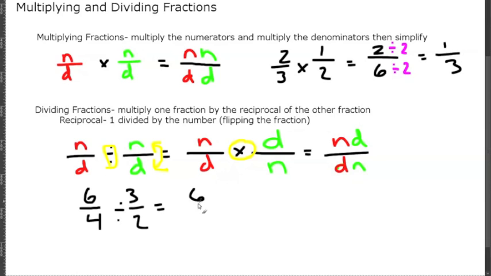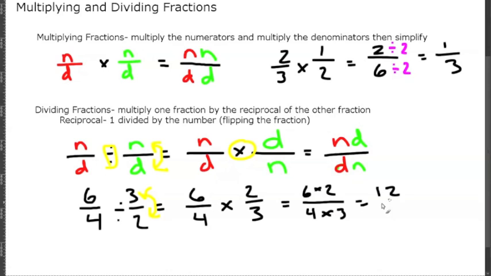We're going to take the 6 over 4 and multiply it by flipping the second one, 2 over 3. So this is going to give us 6 times 2 over 4 times 3, which is going to be 12 over 12, which we know is 1 whole, or just the number 1.